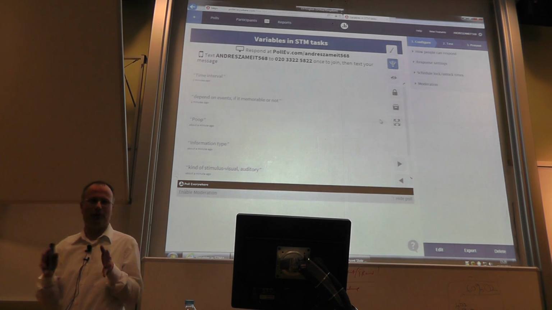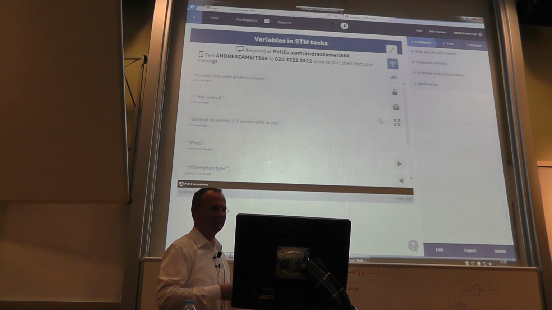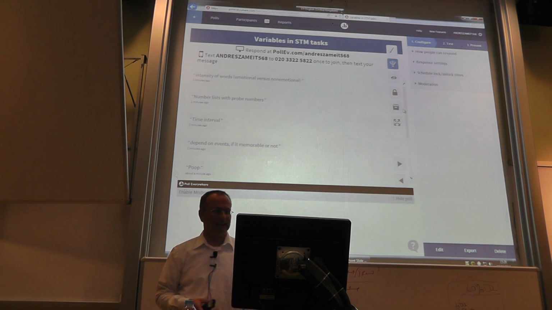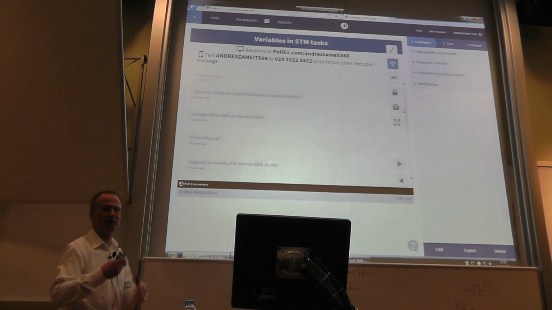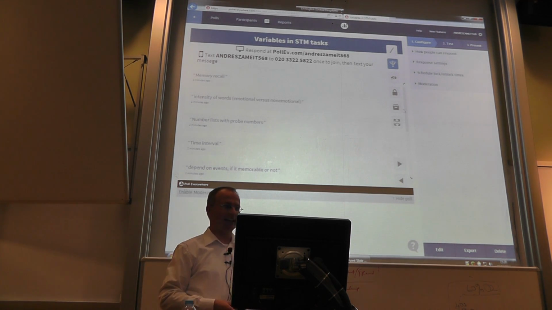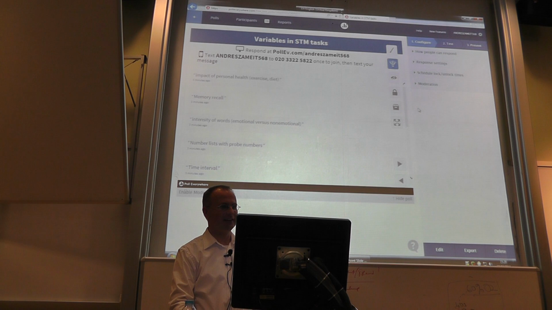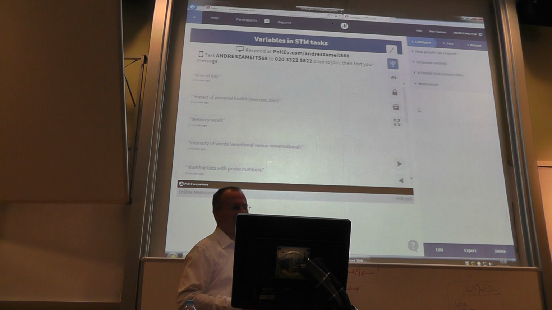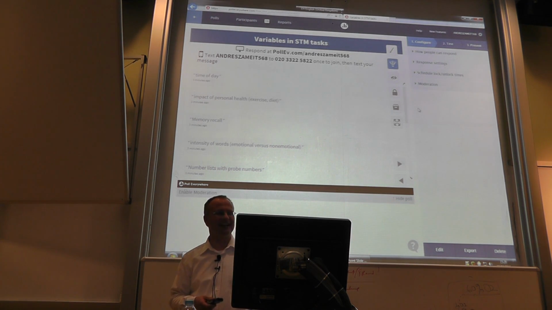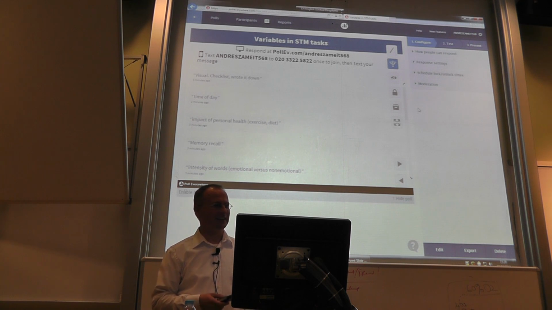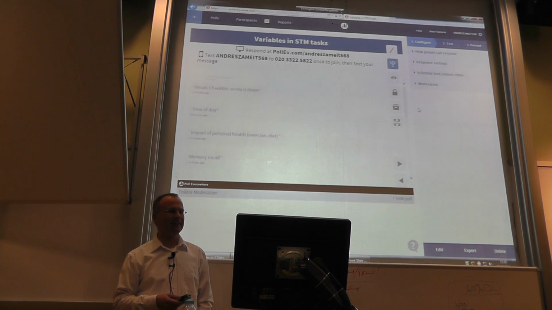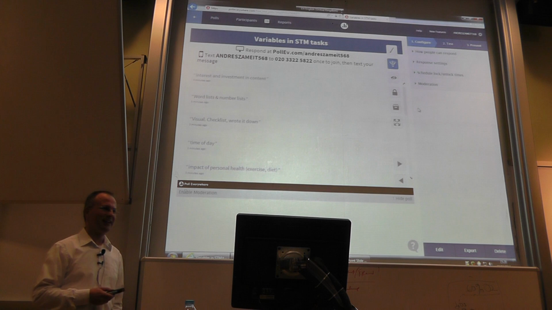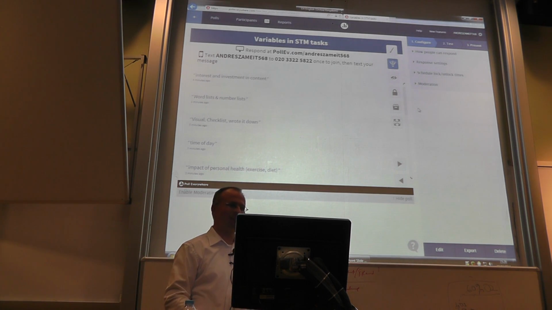There are a lot of time intervals involved here. Depends on which ones you mean. Number list with probe numbers. That's like a recognition task. Emotional versus non-emotional intensity. This is more about the material, the content. Again. Impact of personality. Again, not really the task. Time of day, possibly, yes. Word lists and number lists. Okay. Interest and investment in content.